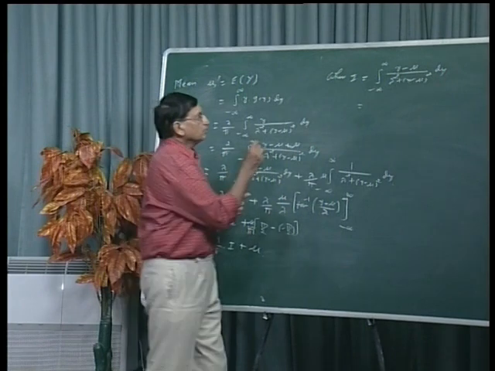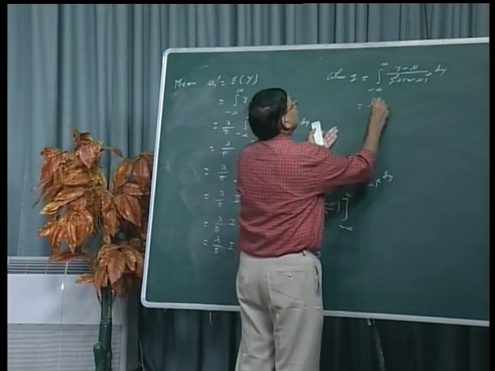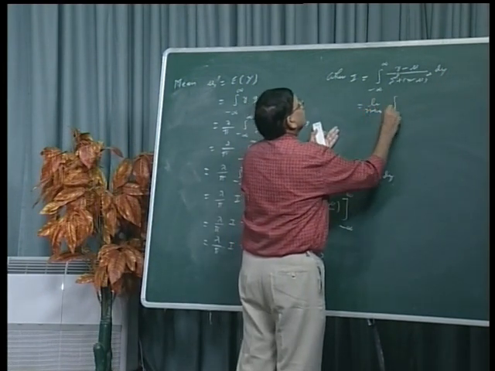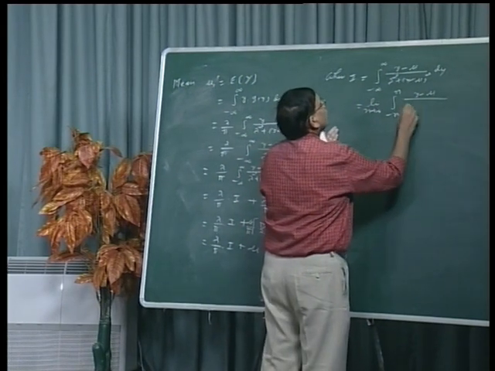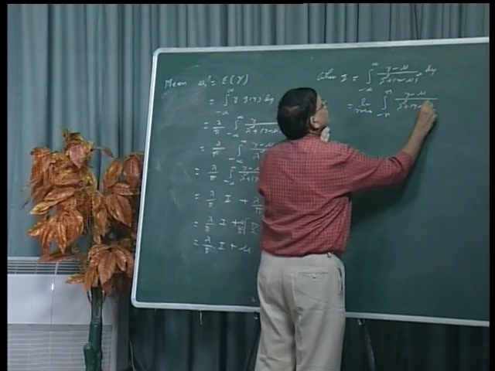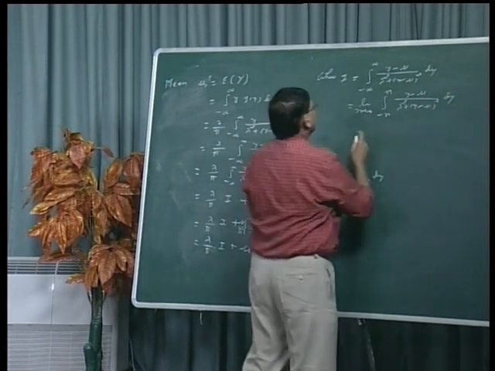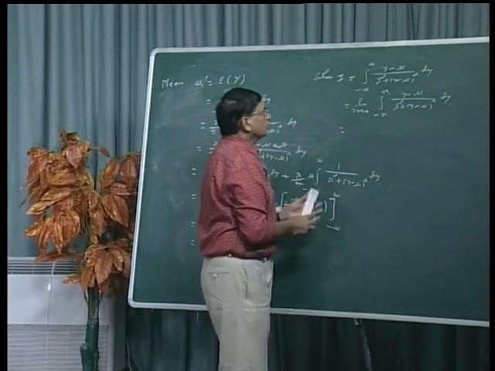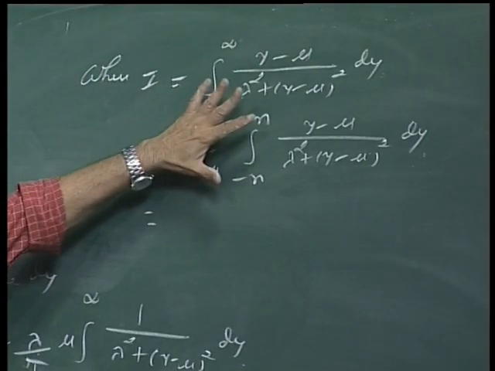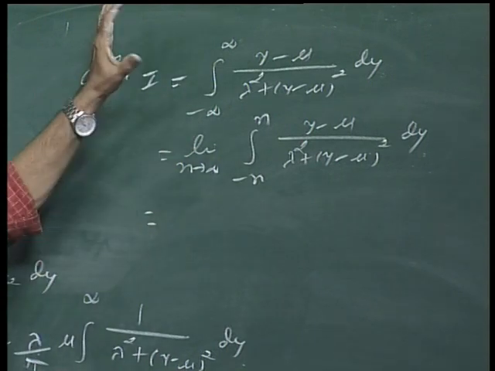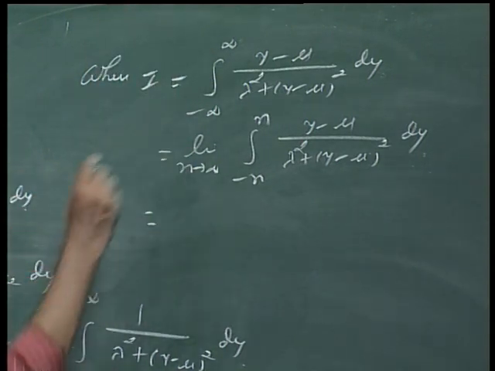To find this, we take it this way, say limit n tends to infinity, integral from minus n to n, (y minus mu) upon lambda square plus (y minus mu) square dy. So ultimately when we take limit as n tends to infinity, it becomes minus infinity to infinity. Actually it is not the exact value of I, it is its principal value.